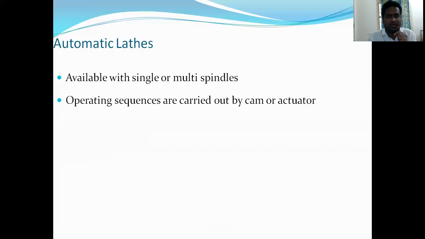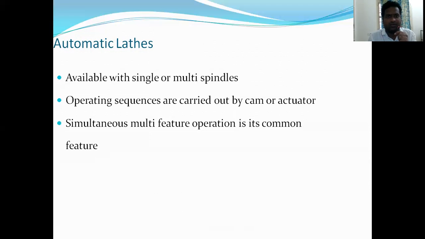They operate by a sequence of orders being carried out, order by order, sequentially. Those are operated by some mechanism that can be operated by actuators. So automatic lathes are available with single or multiple spindles.